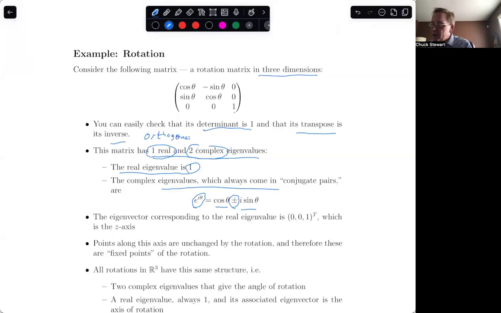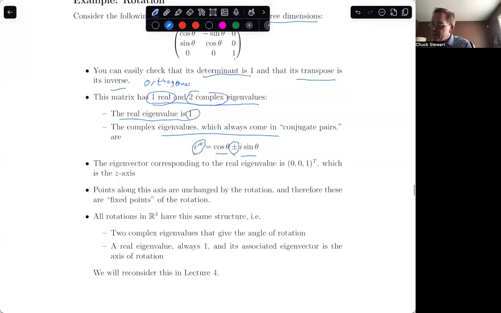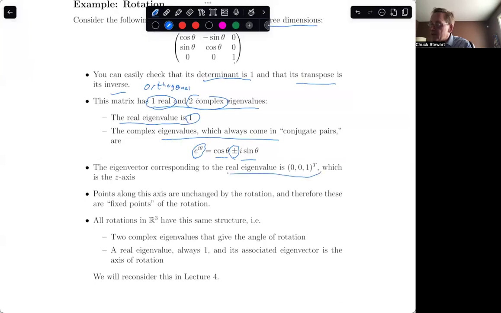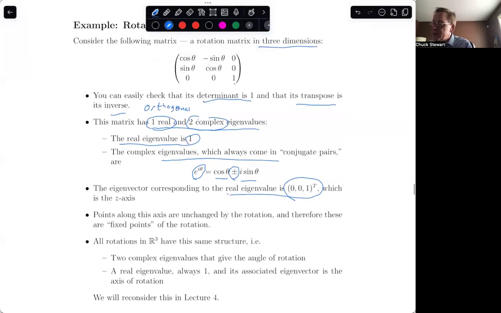In particular, the eigenvector corresponding to the real eigenvalue is 0, 0, 1, which is very easy to see. We just take the matrix and multiply by 0, 0, 1, and we get 0, 0, 1 back. So if this is x, we get x back, which means lambda is 1.